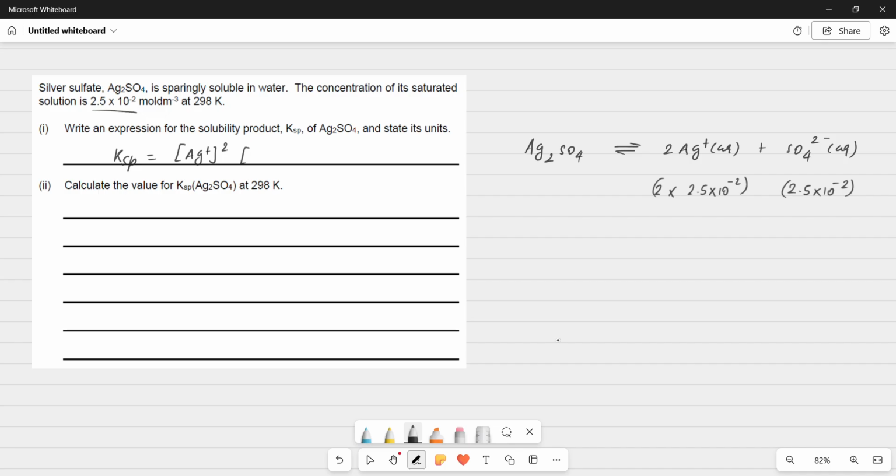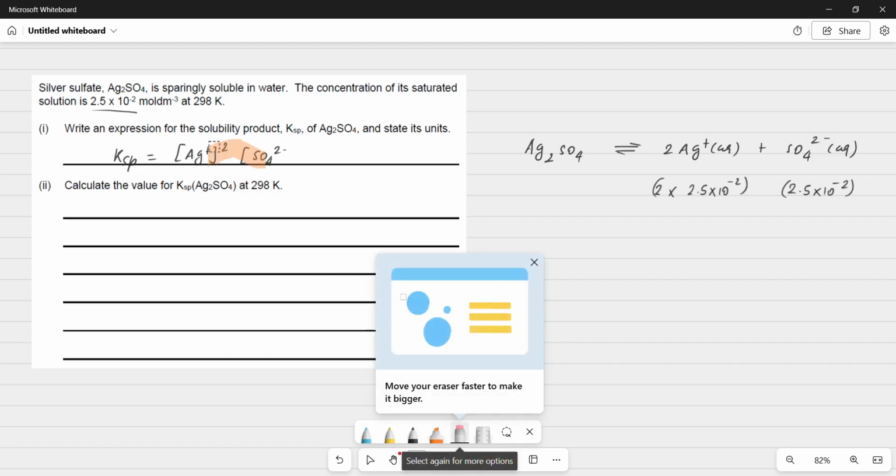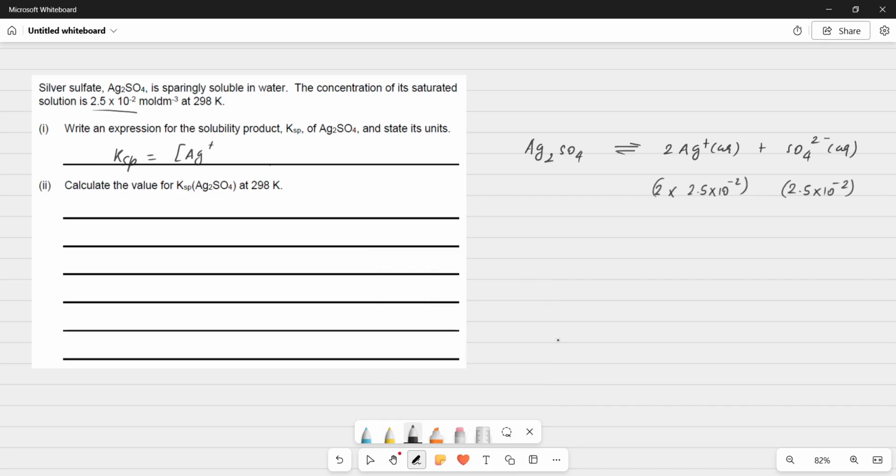2 into concentration of SO4 2 minus. I need to write the state also. So I'll write Ag plus aqueous to the power 2, because you have 2 here, into SO4 2 minus aqueous to the power 1.